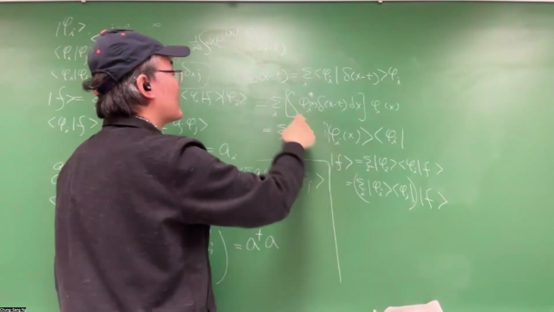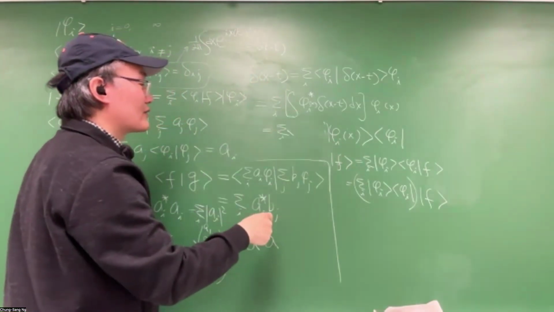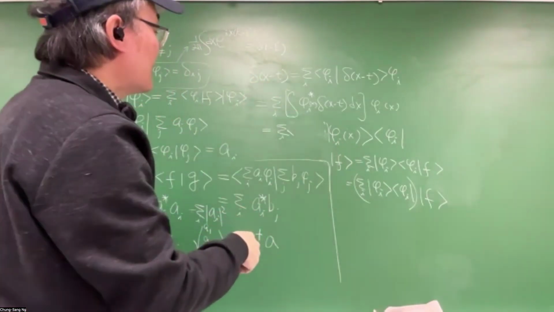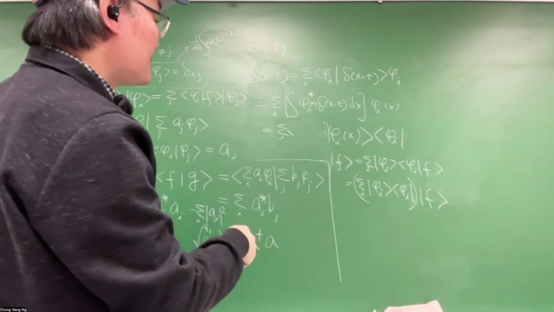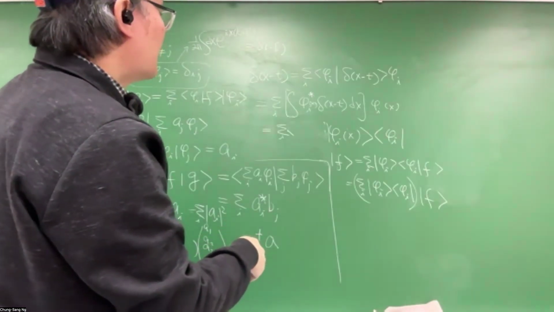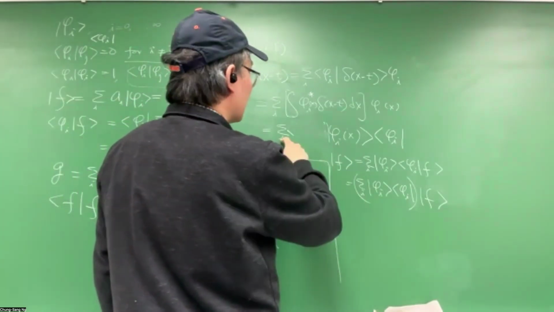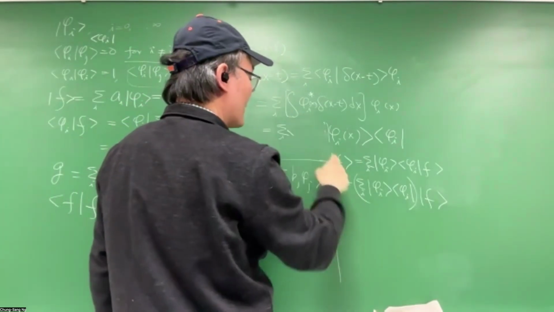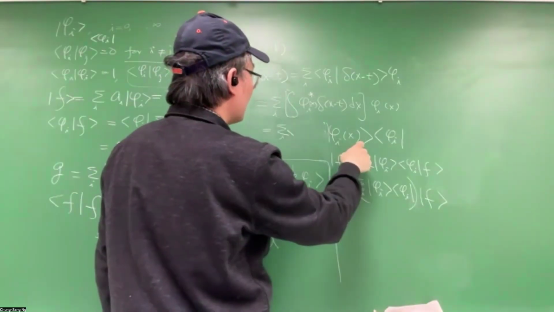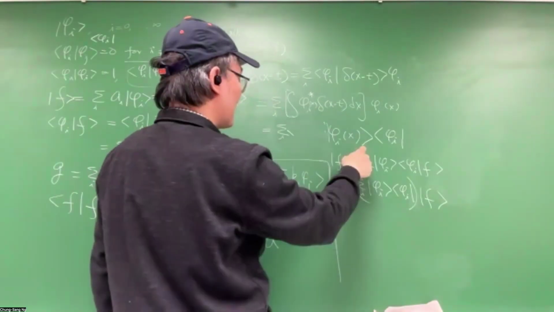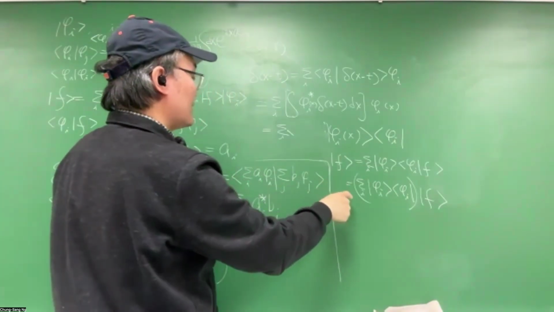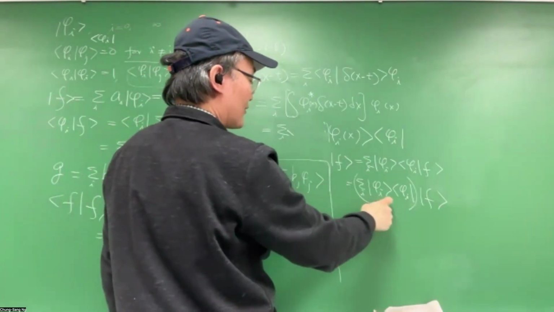So this is the delta function, but the delta function of x and t, and it has a similar form. Basically this becomes this one, but you're not calling it the delta function.